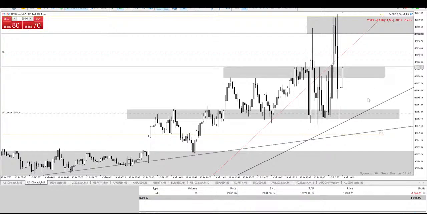All right, guys, it's not looking good with this trade. If it does hit SL, then I'll be done trading for now.